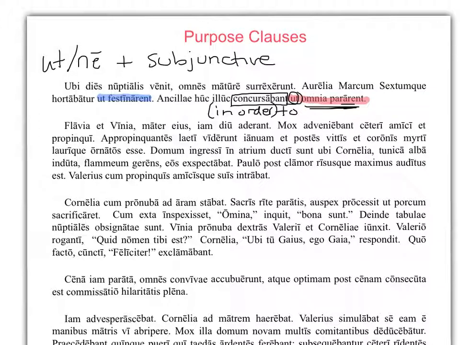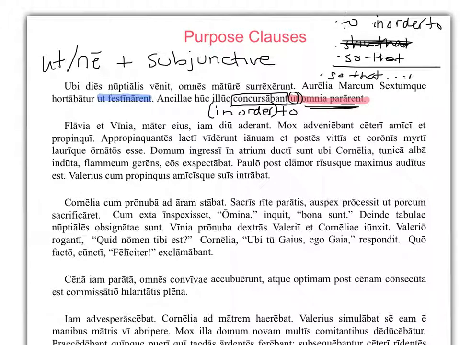And if it is positive, we're using ut, you'll say to, in order to, or so that. And if it's negative, so if I'm using the ne, then you'll say something along the lines of so that not. And that's going to be our best option.